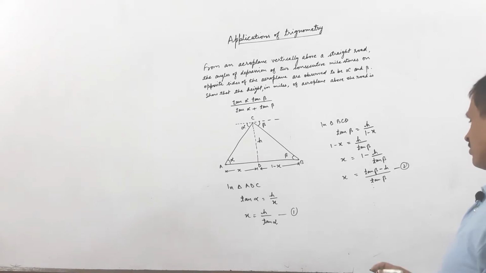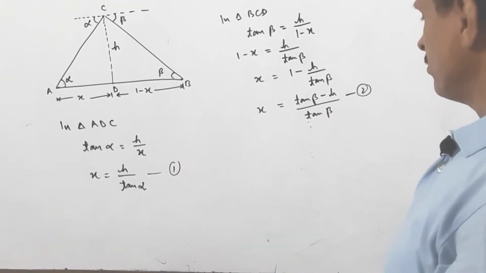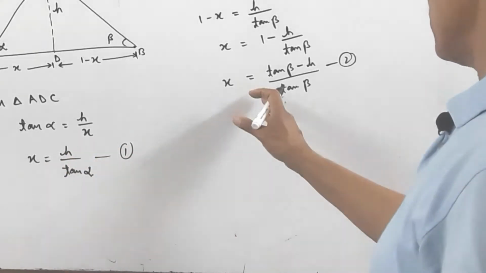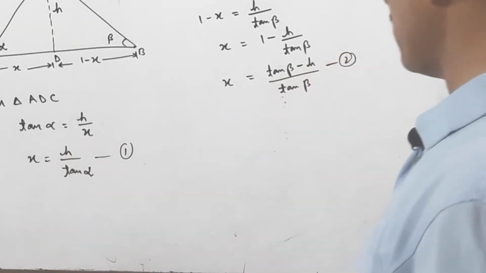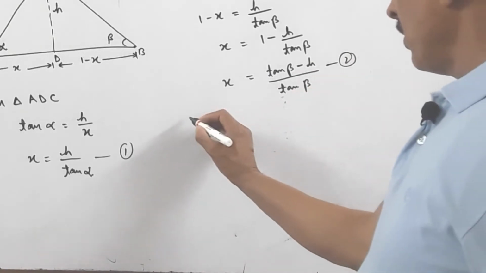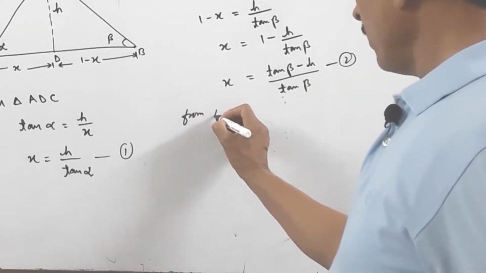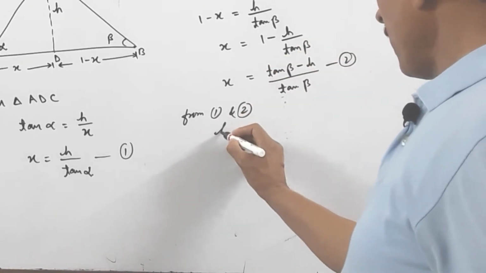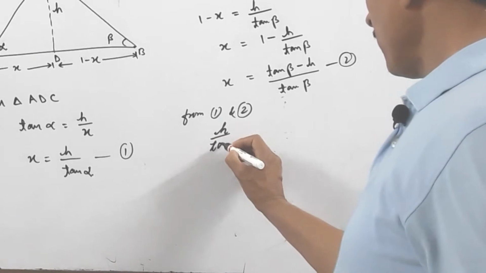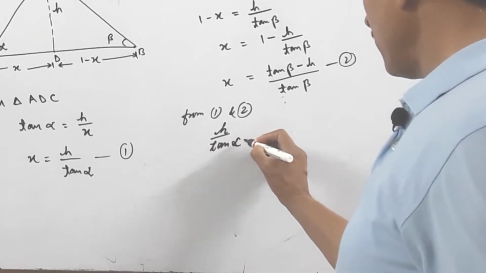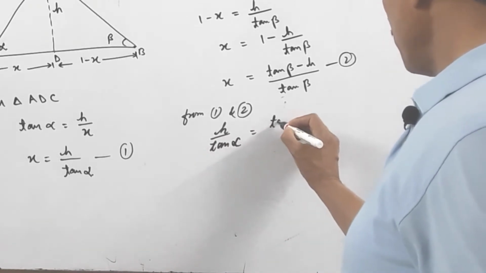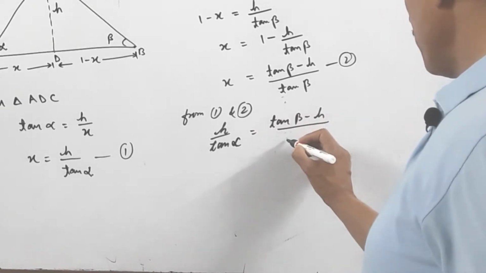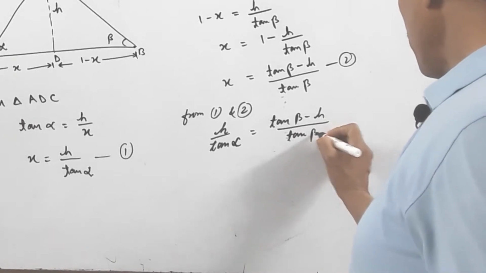Now we equate 1 and 2, because x is equal to h upon tan alpha and here x is equal to 1 minus h upon tan beta. From 1 and 2, h upon tan alpha is equal to 1 minus h upon tan beta.